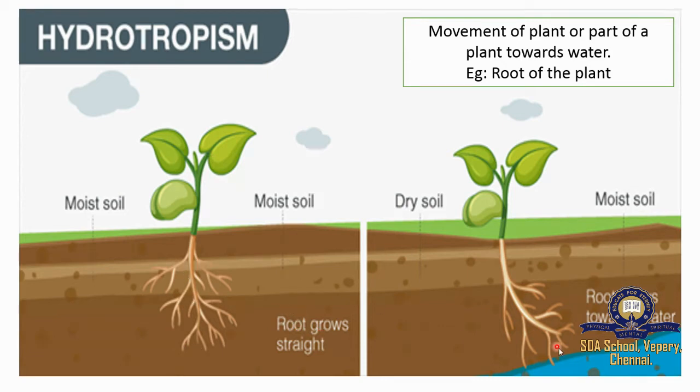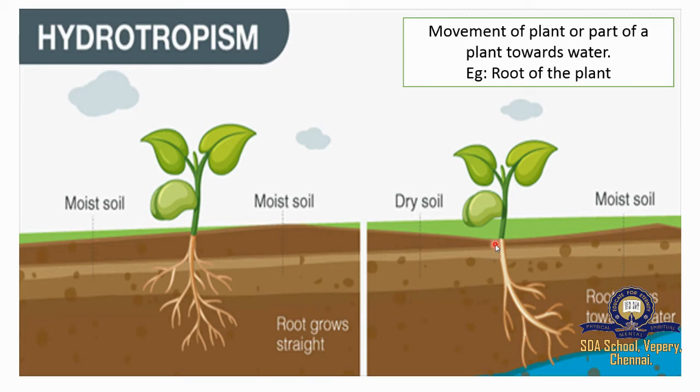But if there is any water, the root tends to grow towards the water. Then it is known as hydrotropism. So here, the root would be positively hydrotropic, and the shoot system would be negatively hydrotropic. So this is the fourth type of tropism.